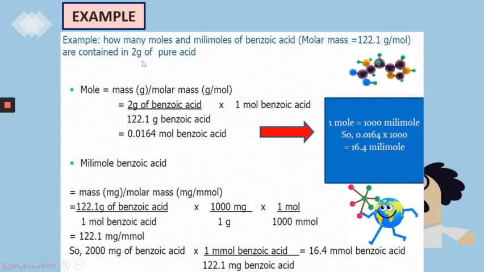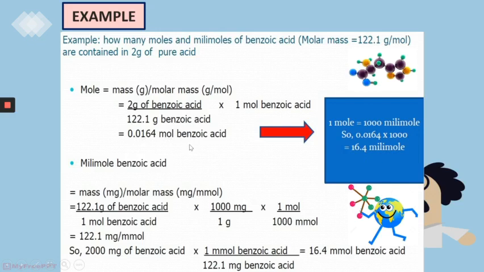Because the question wants you to calculate mole, and the molar mass is given in unit gram per mole and the mass in unit gram, you can calculate straight away the mole, which is mass over molar mass. The mass for the benzoic acid is 2 gram, molar mass 122.1 gram per mole. So you cancel out the gram and gram, then you will get the mole.